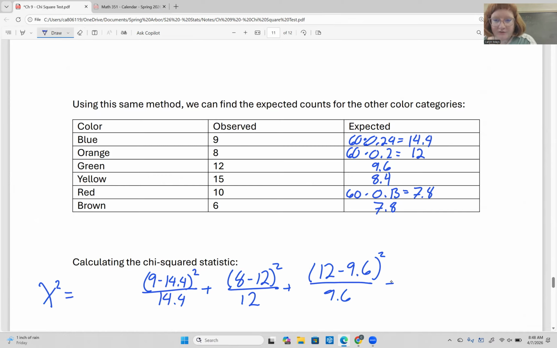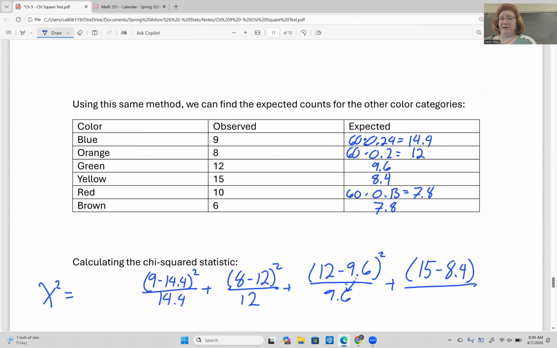What would be yellows? I just heard the 8.4. I mean the whole fraction. 15 minus 8.4 squared over 8.4.